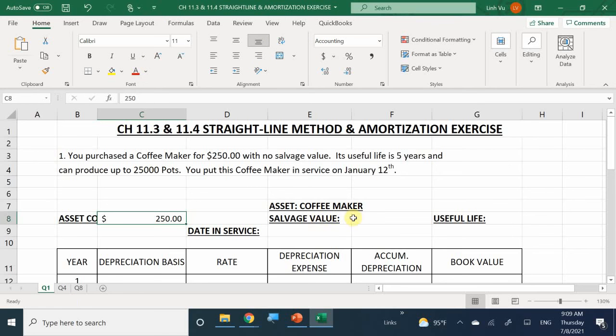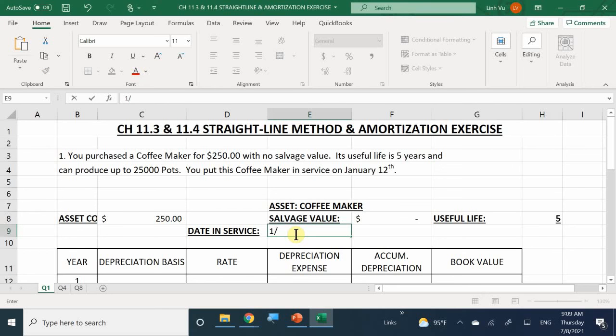What is my salvage value? Nothing. Good, because there is no salvage value. What is my estimated useful life? 5 years. And last but not least, when did I place it into service? January 12th. Good.